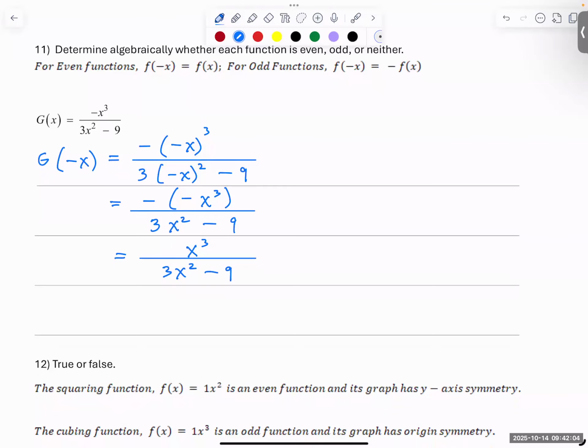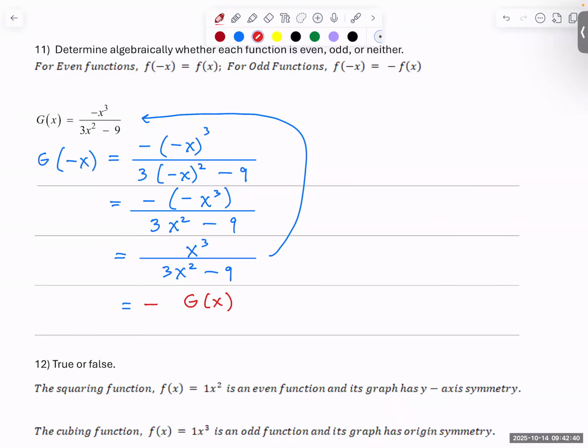Now, when you compare this last fraction to the original fraction, they're different by a negative sign. This is the opposite of g of x. G of x has a negative sign in the numerator.